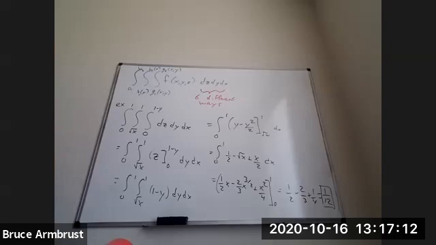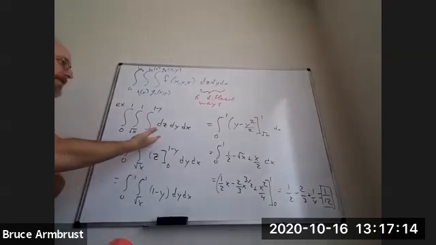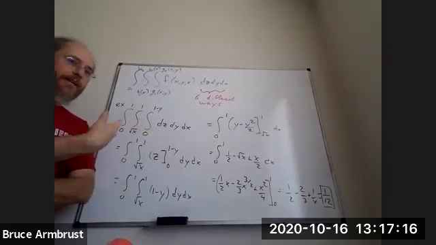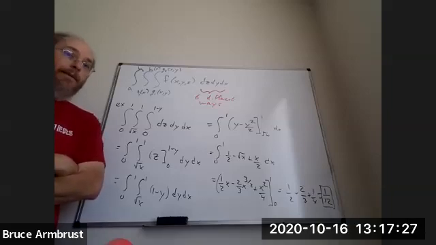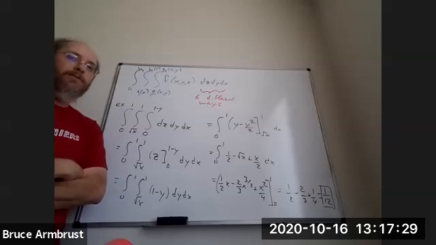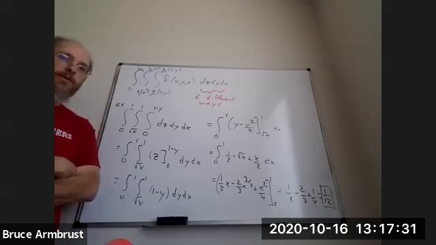Okay, so that's the process. Once we've got one of these things, it's just a matter of integrating. They do get long. You saw the one that we did last time that was really tedious once we got to the end. And that will happen. It really just depends on what the bounds are and what your original function was.